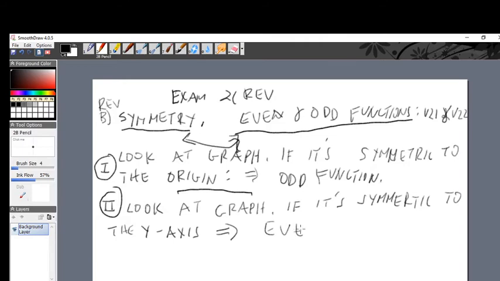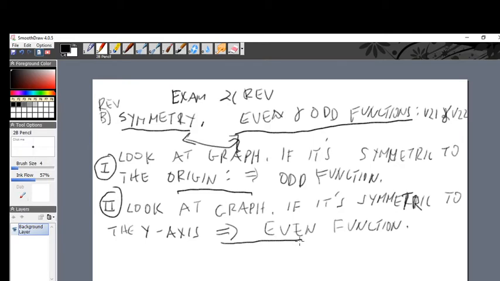There are two ways of telling by just looking at the graph if either of these things happen. So very important. Okay, symmetric. This is supposed to be a T, and this is supposed to be an R. Sorry about that.